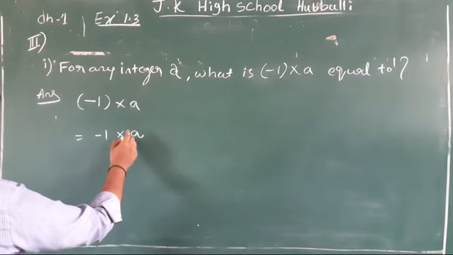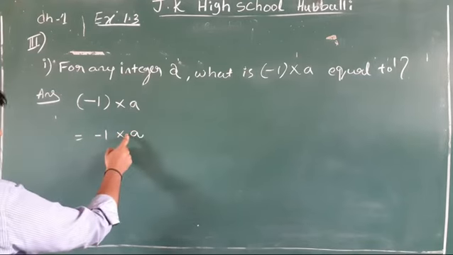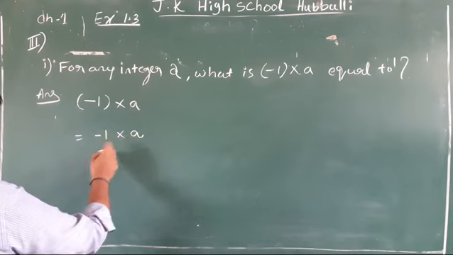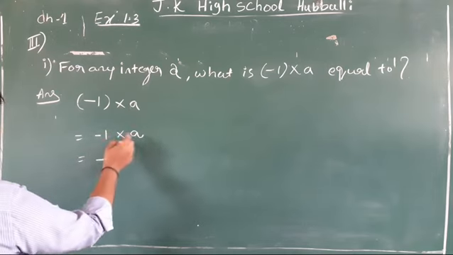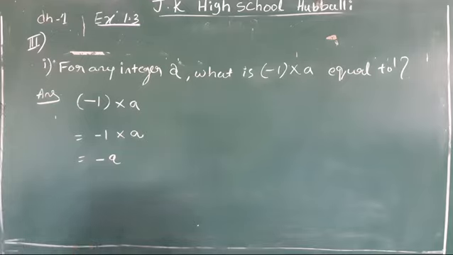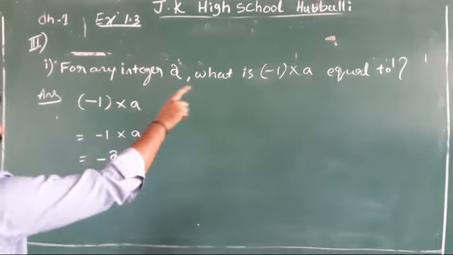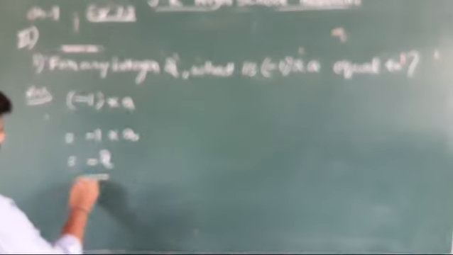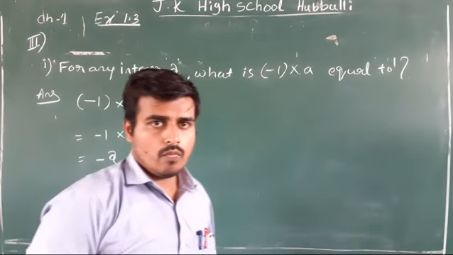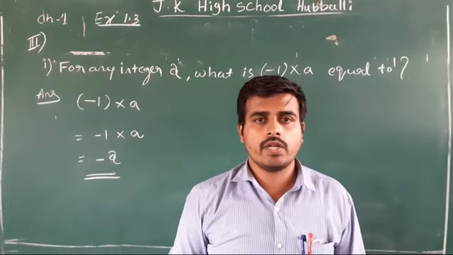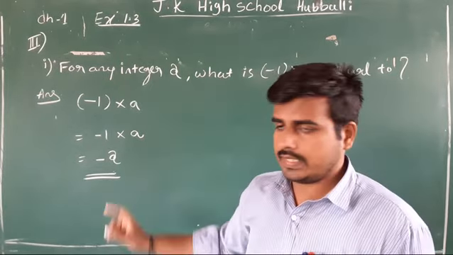Now, this a is having plus sign, so minus into plus will give you minus, 1 into a will give you a. Therefore, for any integer a, minus 1 into a will give you minus a.